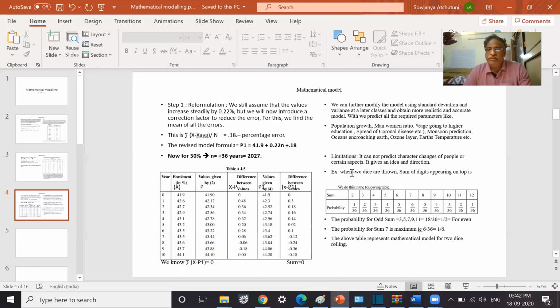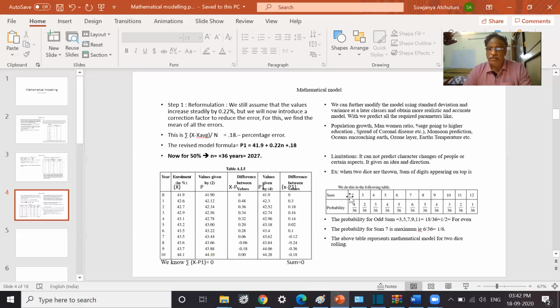Suppose I take another example. When two dice are thrown, what is the sum of the numbers appearing on top? First chance is 1, 1, which is 2; or 1, 2, which is 3; 1, 3 is 4; 1, 4 is 5; 1, 5 is 6; 1, 6 is 7. Like that we have the sum on top. 6, 6 is 12.